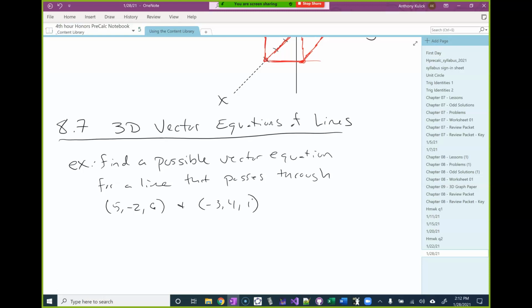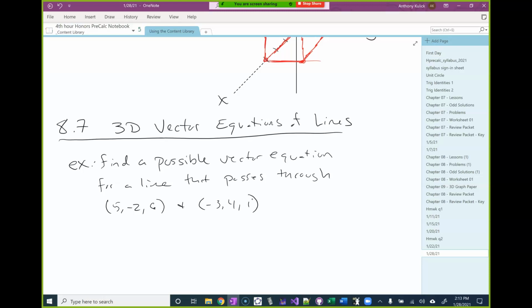I can do that by just finding the component form vector that goes through those 2 points. That's going to be my direction vector. It doesn't matter which one is the head and which one is the tail. It'll be fine. And then I need that direction vector to start at one of those 2 points. So one of those 2 points will represent my P0 or my vector r0. Doesn't matter which one I choose.